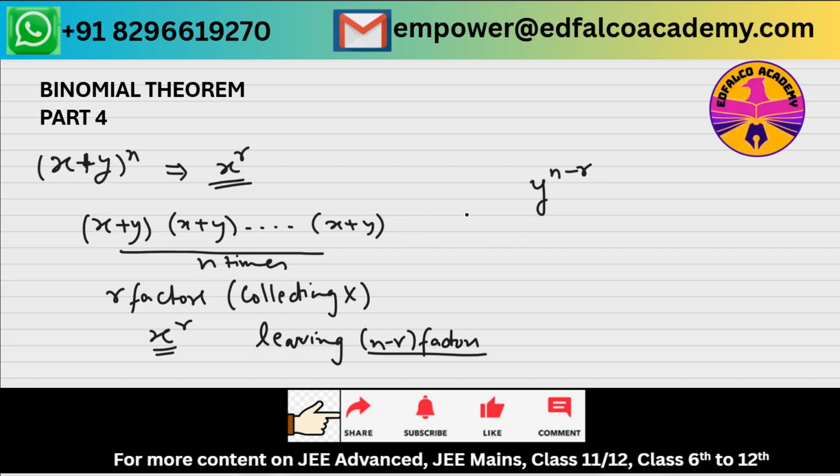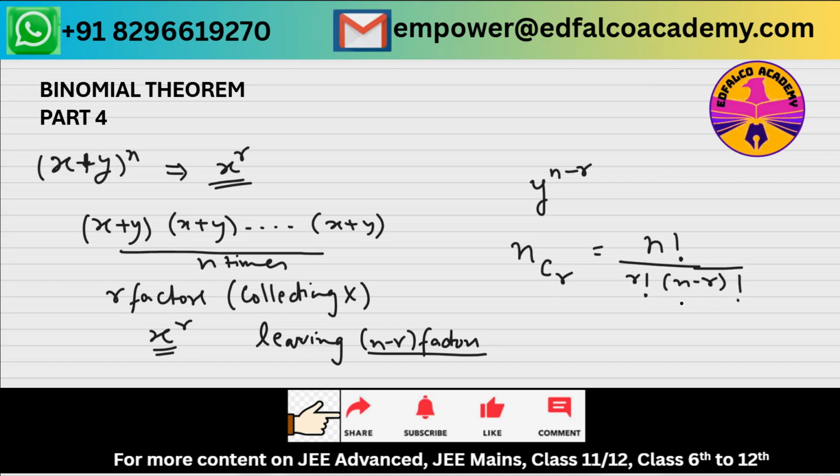Now, how many ways of doing this are possible? If I have to pick x from r factors, and there are n factors given, it is like out of n factors, I have to take r factors at a time, and that can be done in nCr ways, which is n factorial by r factorial into (n minus r) factorial.